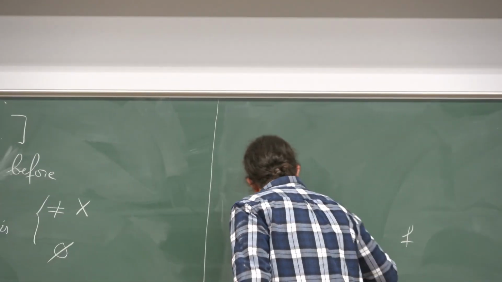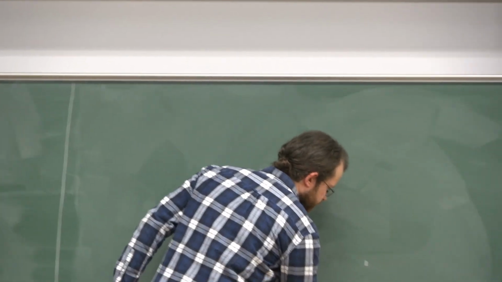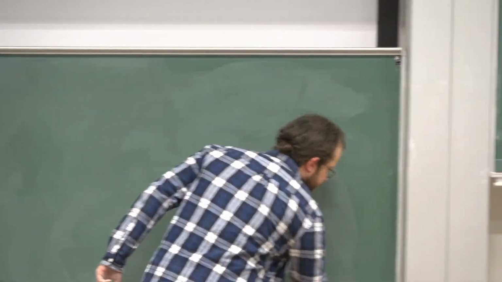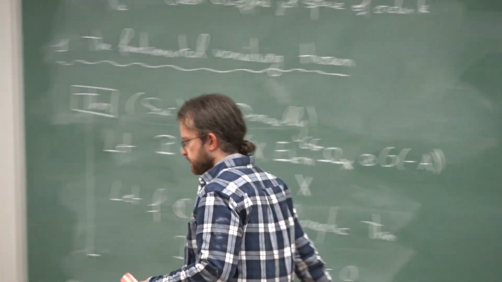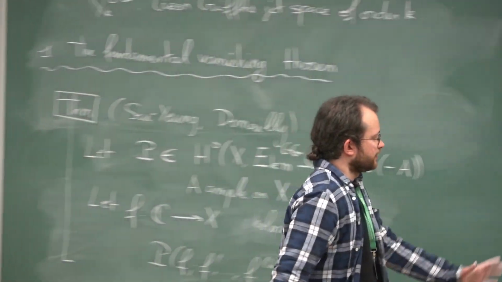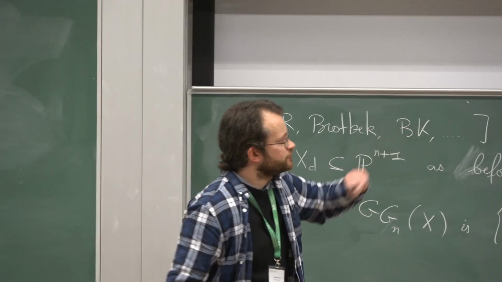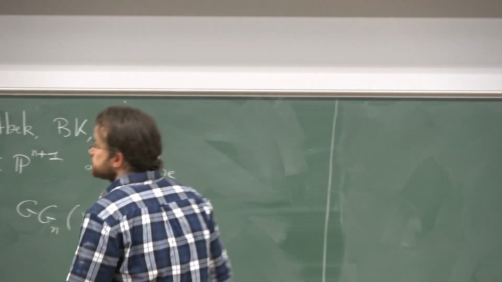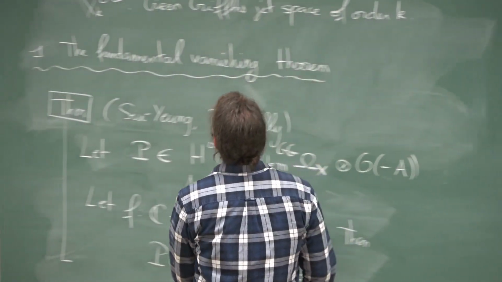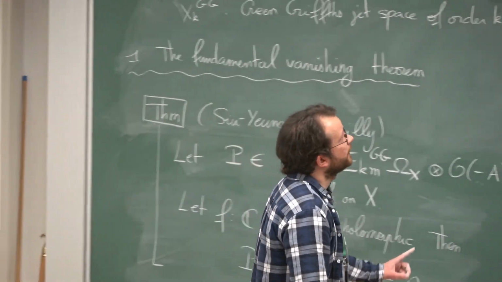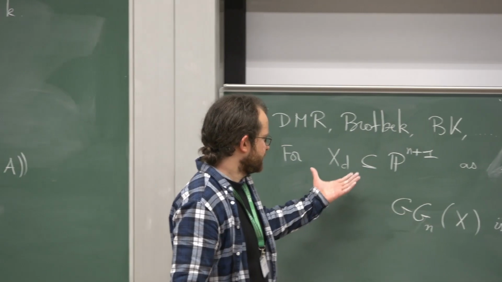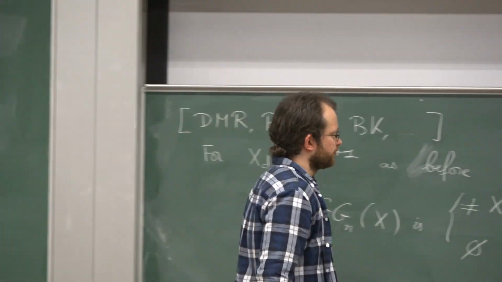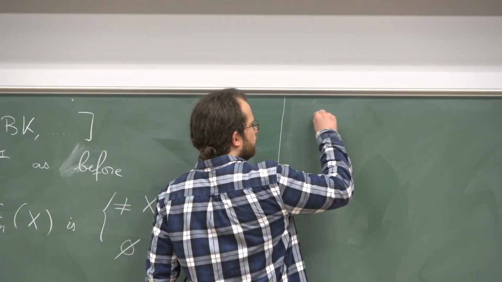All right. So to finish, I will just say a few things about the need to use equivariant things, because actually the spaces that were introduced, X_k Green-Griffiths above, were not the spaces that were used in that work. There were different spaces.